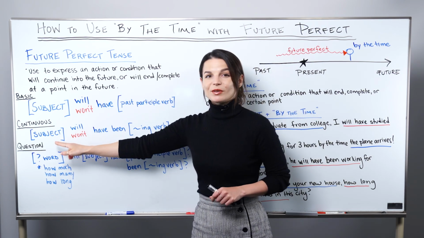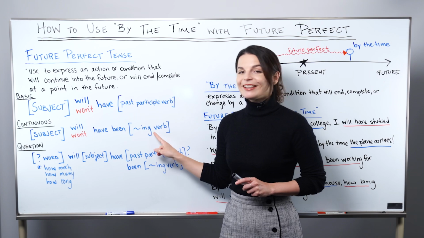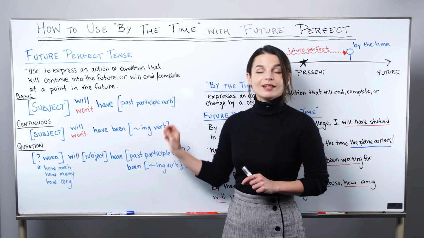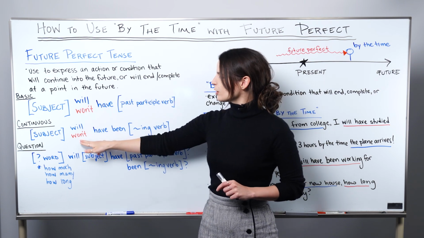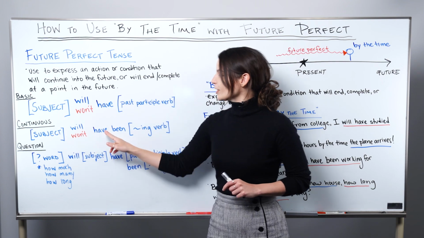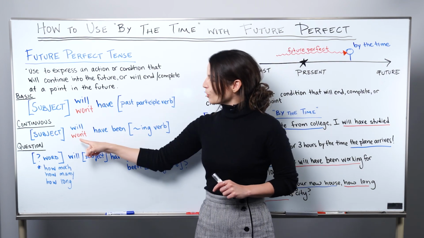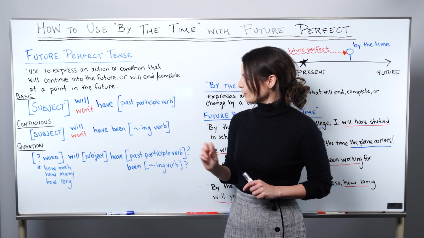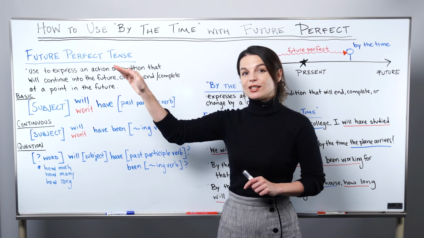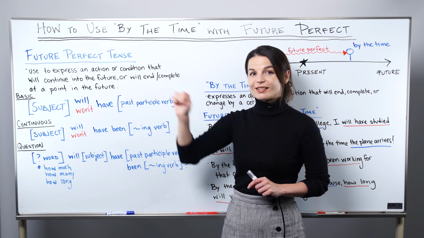So, for example, she will have been eating, or he will have been sleeping, and so on. To make this structure negative, we put won't before have been. So again, he won't have been sleeping, or she won't have been working. So we use this to mark actions in the future that are continuing, or that we expect will continue.